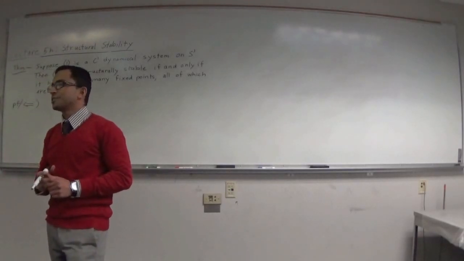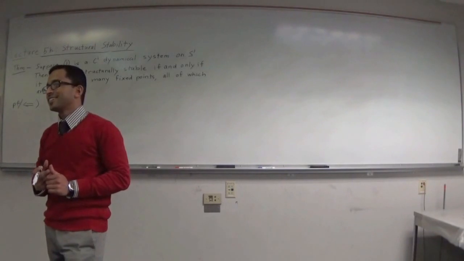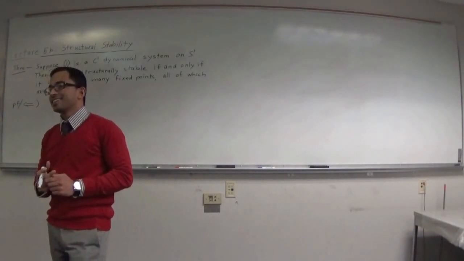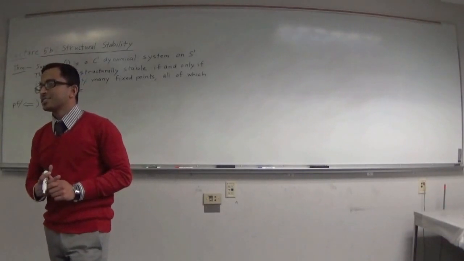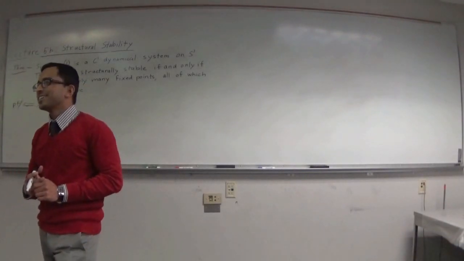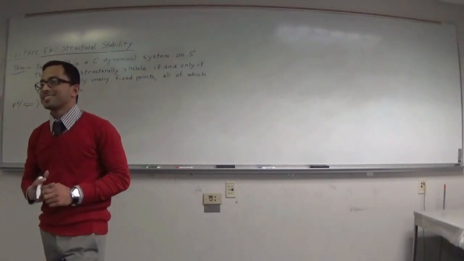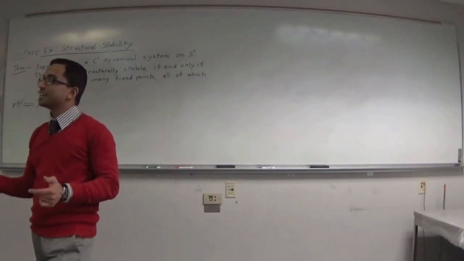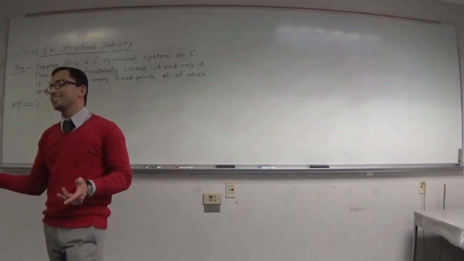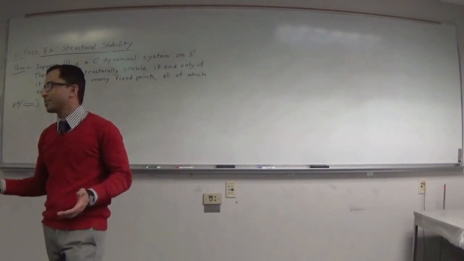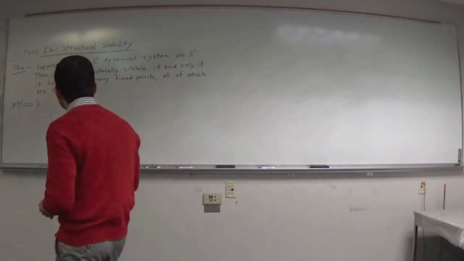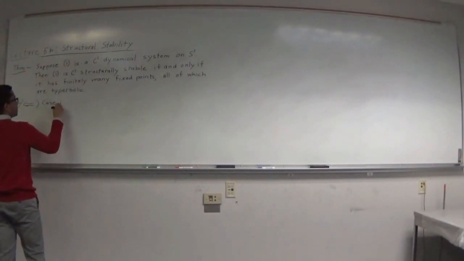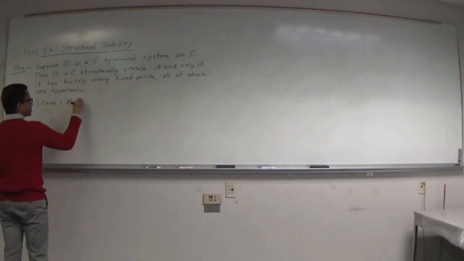Let's think of just a trivial system. So how many fixed points, let's say? So finitely many. So just 0 fixed points, right? So that's a system that has finitely many hyperbolic fixed points. So it has 0, right? So it has no fixed points. So let's do that case first. Case 1, no fixed points.